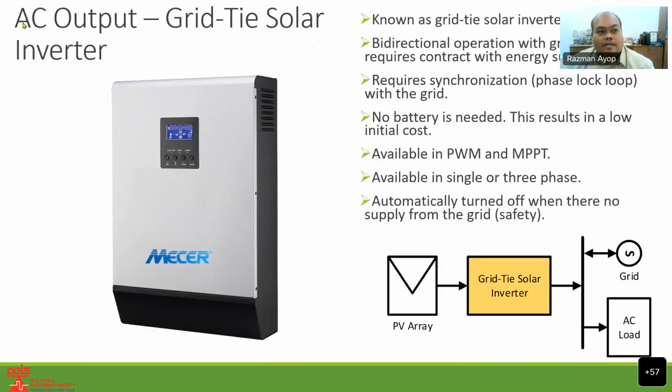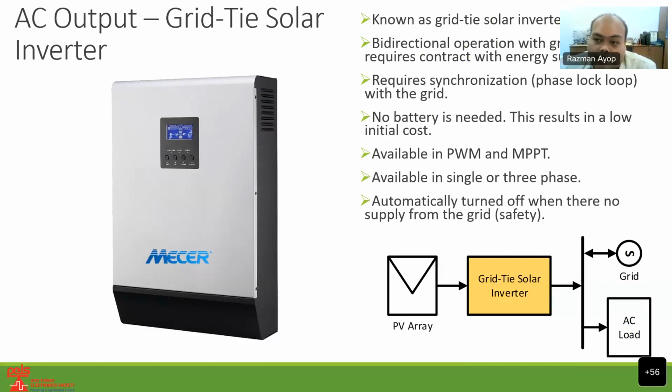Another option, if you are focusing on AC output, is to buy a GridTie solar inverter. Usually this type of GridTie solar inverter has bidirectional operation with the grid. Because it is bidirectional, it requires a contract with the energy supplier.